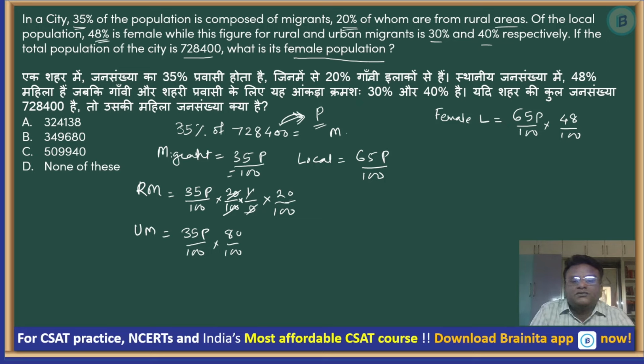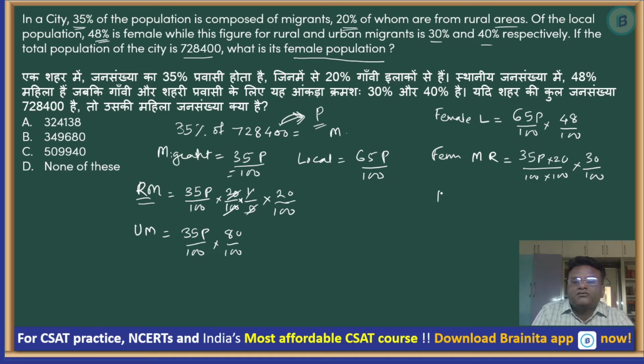Now what is said? The female population of rural and urban migrants is 30% and 40%. So female rural migrants: these are total rural migrants, so that is 35P into 20 divided by 100 into 100 into 30 by 100.